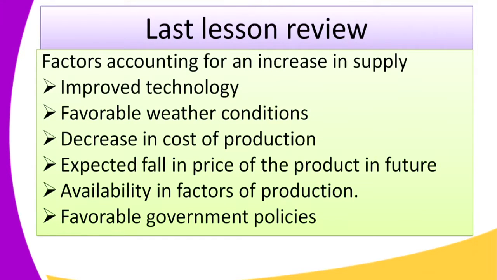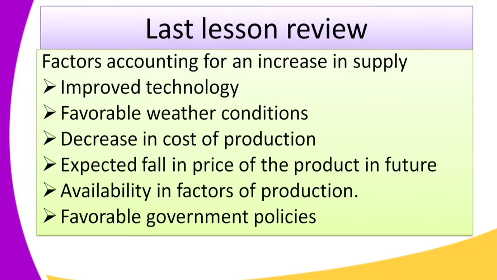Therefore, that one will decrease supply. The other one is the decrease in cost of production. When the cost of production decreases, more goods are produced. Therefore, that increases supply. The other one is expected fall in price of the product in future. So if suppliers expect that from tomorrow the price of the product will go down, they would supply more for today. The other one is the availability of factors of production.